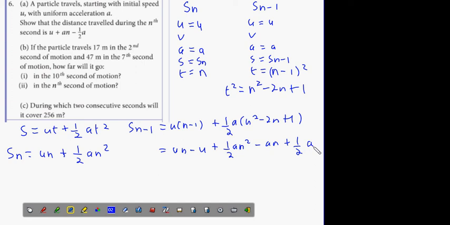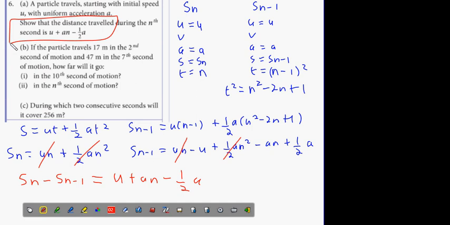Now, what we have next is the task of taking Sn minus 1 away from Sn. So, Sn minus Sn minus 1. Is there anything that will cancel straight away? The uns will cancel when I start taking them away. The half an squared will cancel. Now, everything that's in here, I'll just change the sign because I'm technically taking it away. So I'm going to get u plus an minus a half a, which is exactly what I'm looking for.